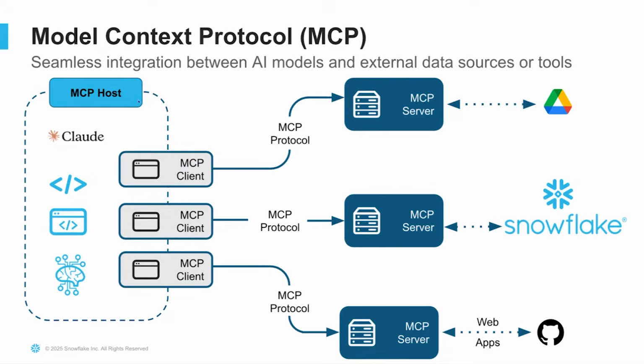Some terminology. You have the MCP host. This is perhaps a compute node that hosts the application. Your application can be a custom application or one of the available agentic apps like Claude.ai.